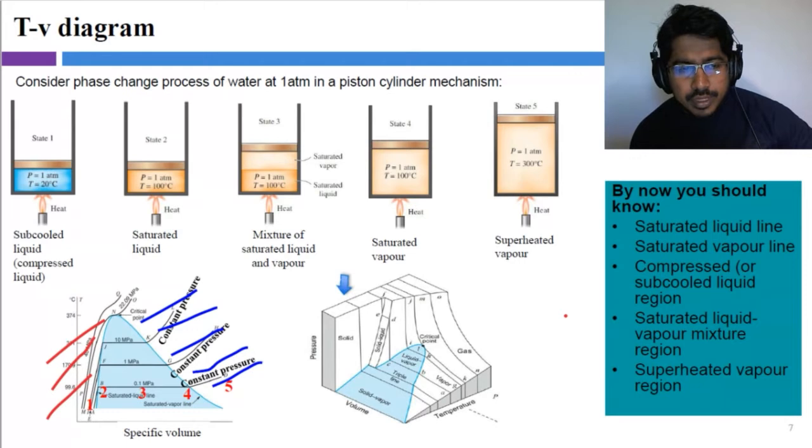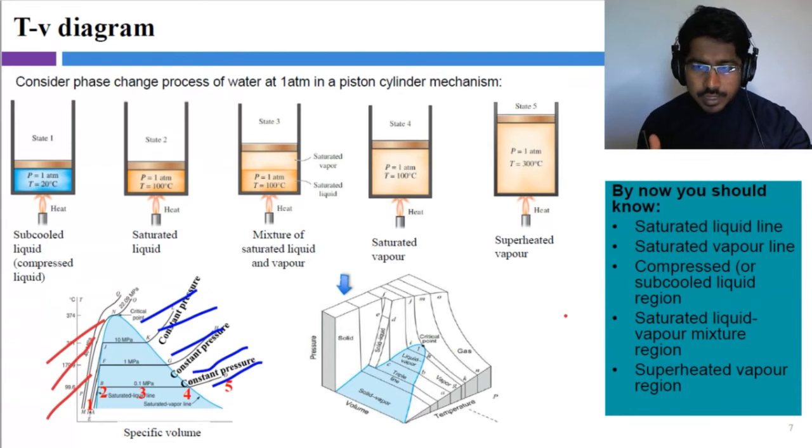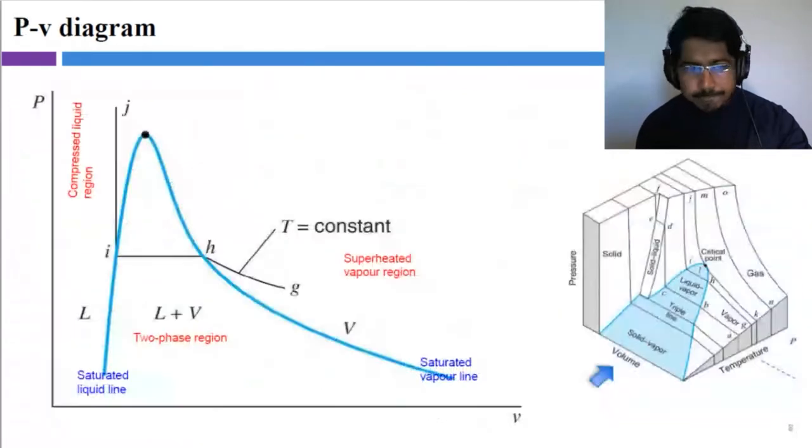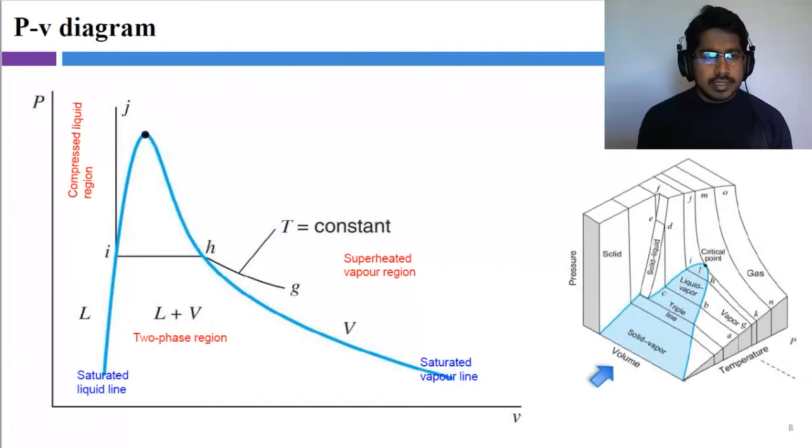We call the vapor region the superheated vapor region. So it's just the names. Are we all clear about this? Any problems? Perfect.